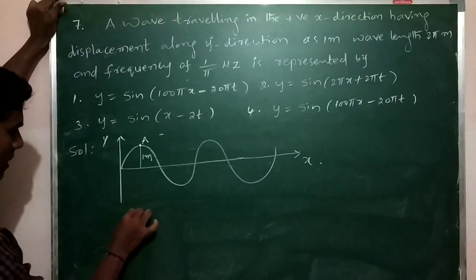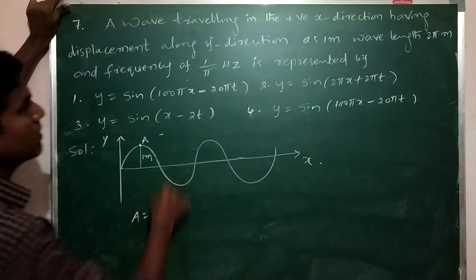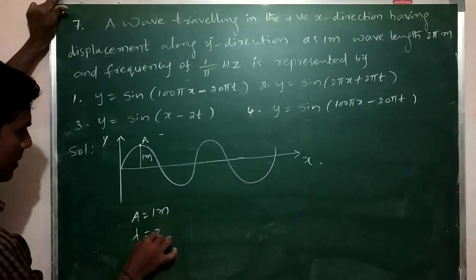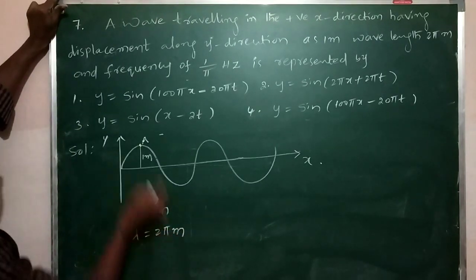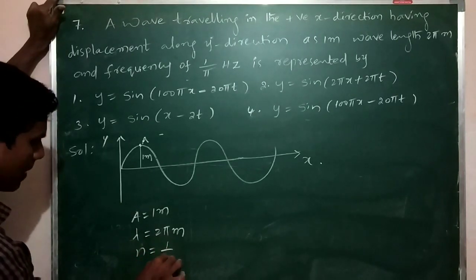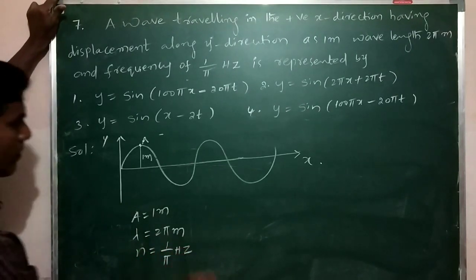The amplitude is given, A = 1 meter, wavelength λ = 2π meters, and frequency is given, n = 1/π hertz.